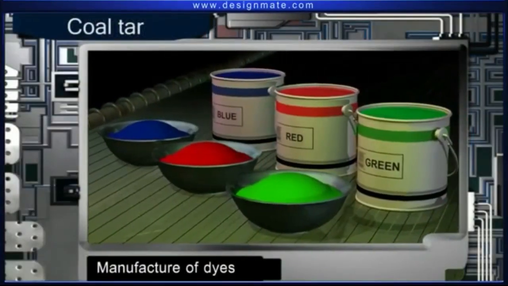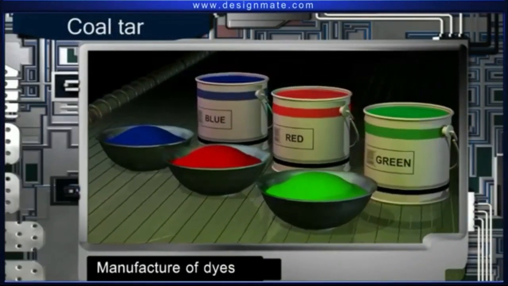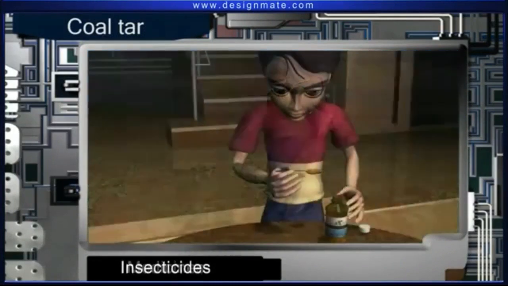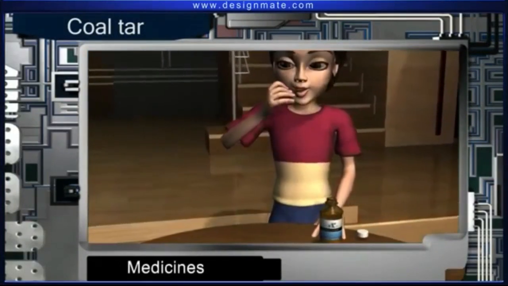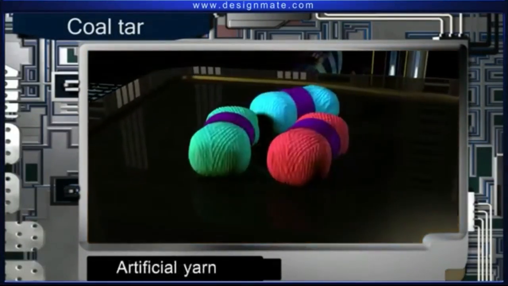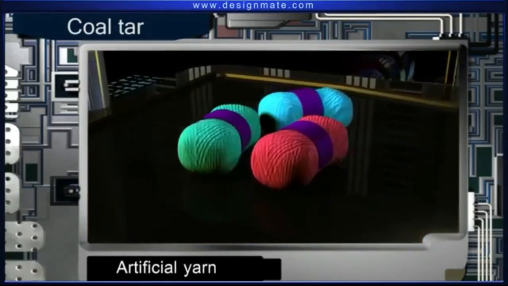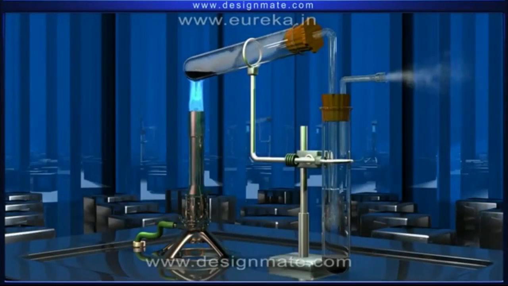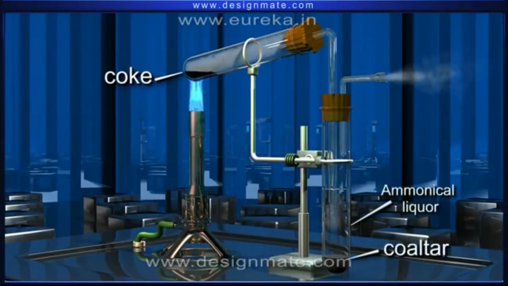Coal tar is mainly used in the manufacture of dyes, insecticides, medicines, artificial yarn, etc. Summary: destructive distillation of coal produces coke, coal tar, ammonical liquor, and coal gas.